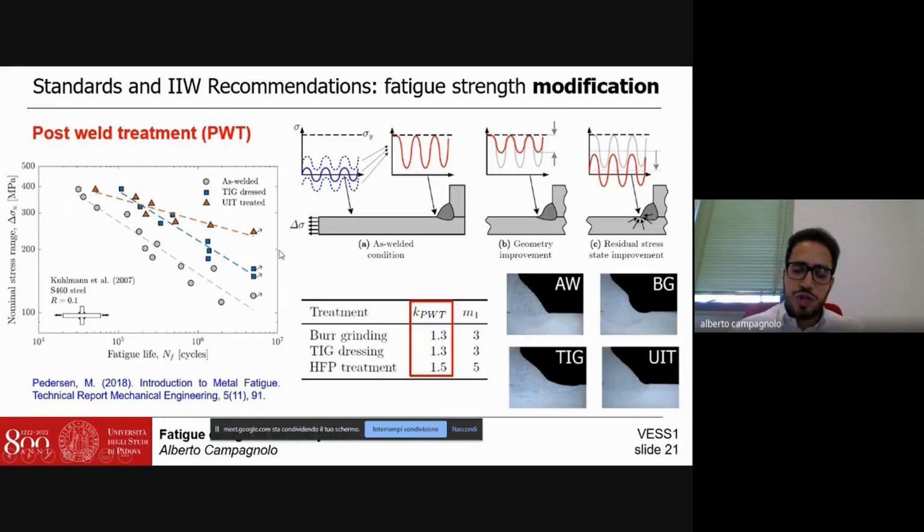Another effect which is typically positive for fatigue strength correction is the post-weld treatment. Typically, two different treatments are possible and suggested in the literature and in the standards.